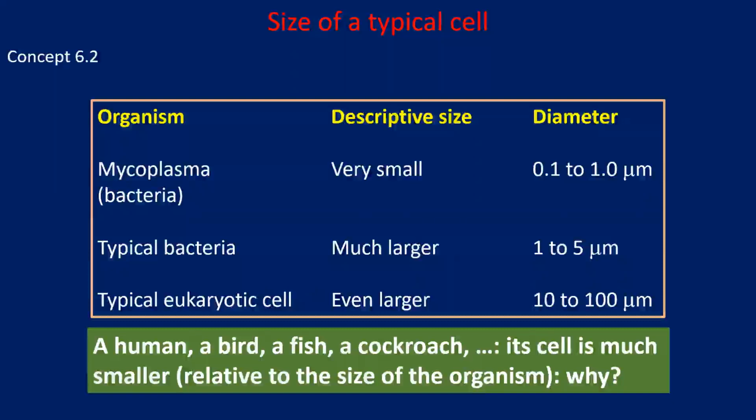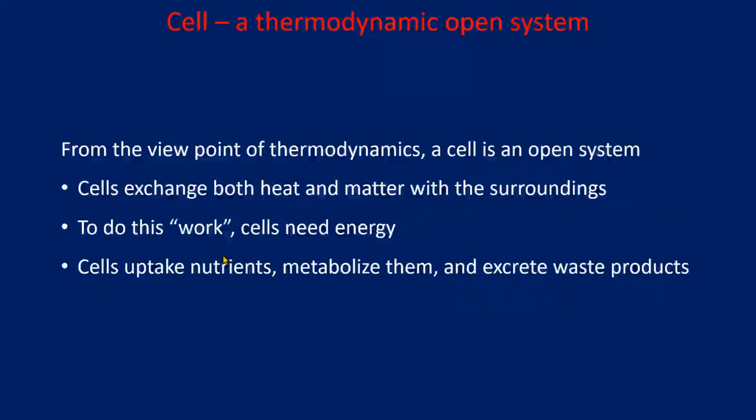Do you wonder why it is so? There is a particular reason for it. The idea is again that you want to minimize the ratio of the surface area to the volume. Let's talk about it in a scientific way.